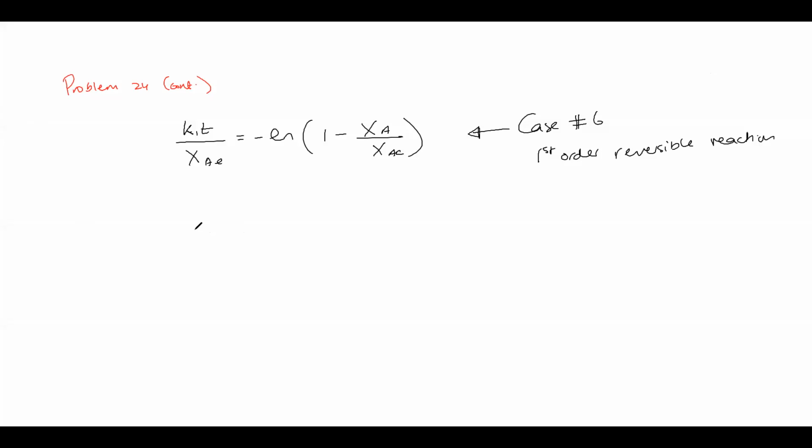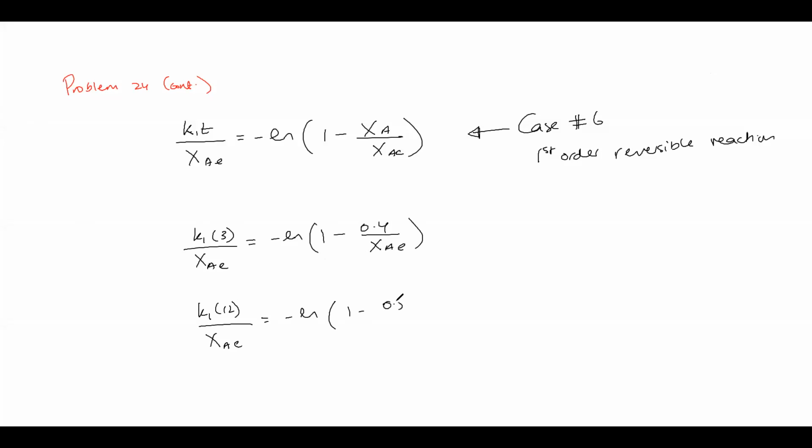So I'm going to get k1 into 3 over XAE is equal to minus ln 1 minus 0.4 over XAE. And then similarly for the second set of parameters, k1 into 12 over XAE is equal to minus ln of 1 minus 0.8 over XAE. So I have my two equations in this case. And then I'm going to get XAE from these two equations.